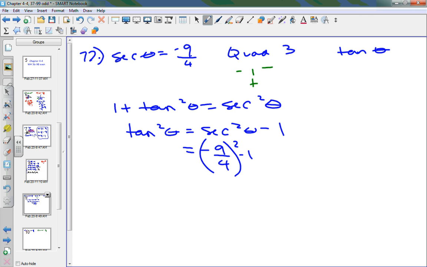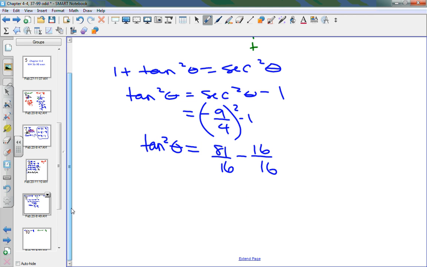What's -9/4 times -9/4? 81/16 minus, what does that 1 have to turn into? 16 over 16. And what is 81? Minus 16.